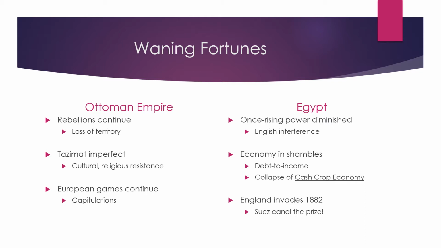The economy collapses as the cotton market collapses after the American Civil War, and cotton production resumes in the 1870s. There's also an economic recession in the late 1870s, early 1880s, as I mentioned in the Africa lecture, which then causes an even harder crash for the Egyptians. So there's too high of a debt to income ratio.